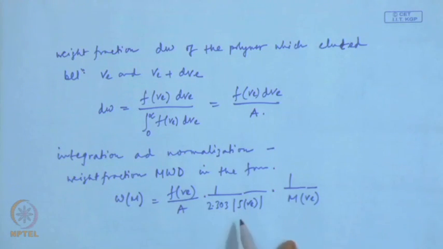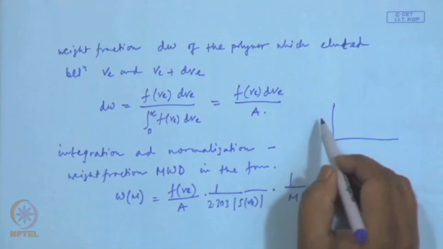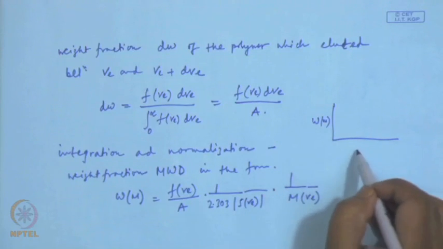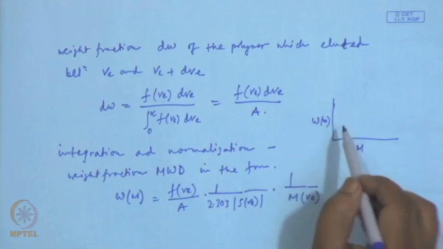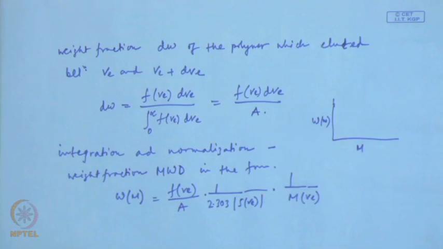Now, we do not have to do this ourselves nowadays. Fortunately, software is available which can take this and give us this type of output, from which, using the formulas we used at the beginning, we can get Mw and Mn.